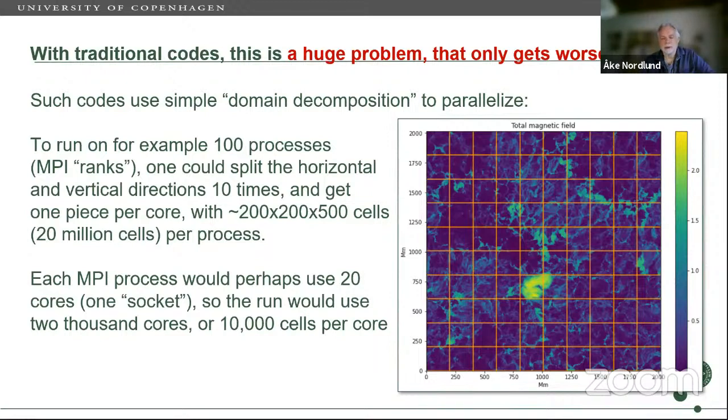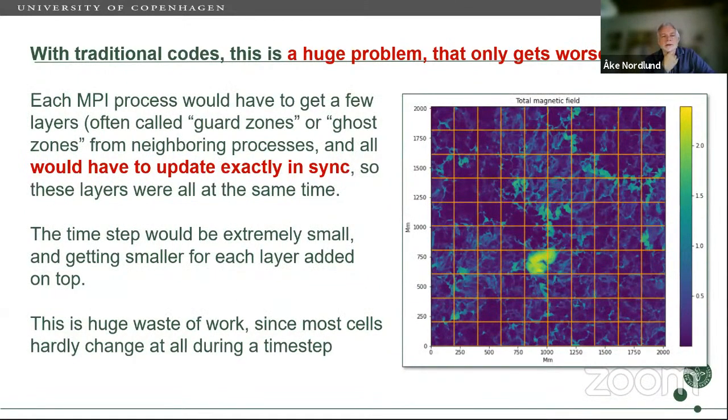They all would have to update at the same time, because each process needs a few layers from the neighbor, often called guard zones or ghost zones. And all of these processes would have to update exactly in sync. So the larger the problem, the larger this synchronization requirement becomes.